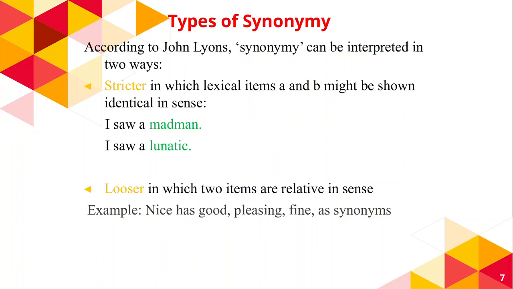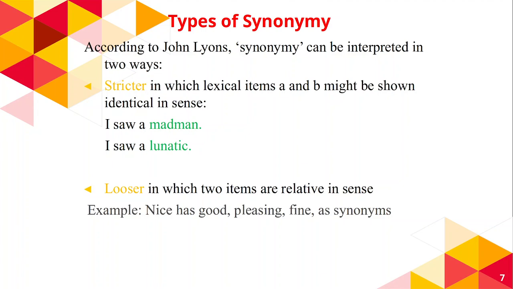Stricter in the case in which lexical items A and B might be identical in sense. Say for instance, if we say I saw a madman, we can also say, replacing madman with lunatic, I saw a lunatic.